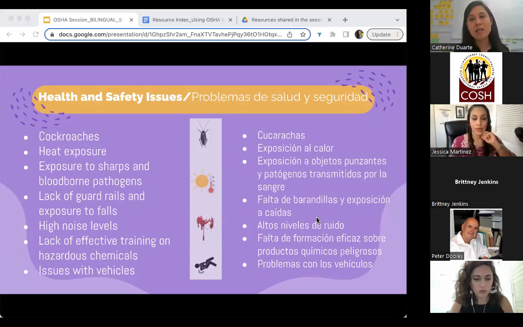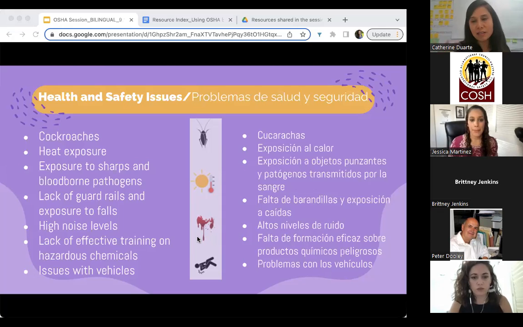Exposure to sharps and bloodborne pathogens that can be transmitted through blood, but also other things like urine and other things that people are exposed to when they clean the planes.